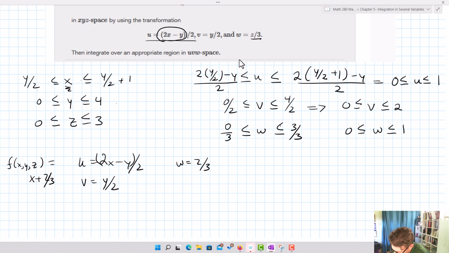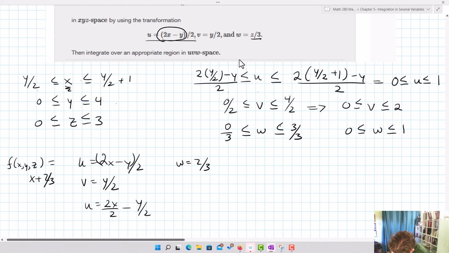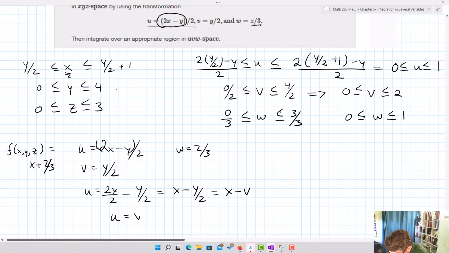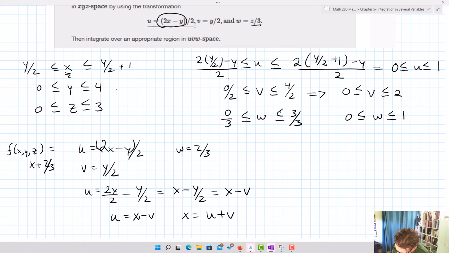I notice that u equals 2x over 2 minus y over 2, which is x minus y over 2, which is just x minus v. So u equals x minus v, which means x equals u plus v. Then w equals z over 3. So f of x, y, z is going to equal u plus v plus w.